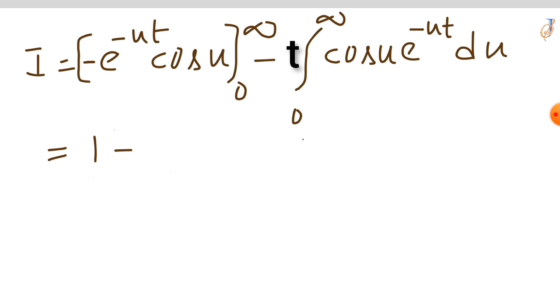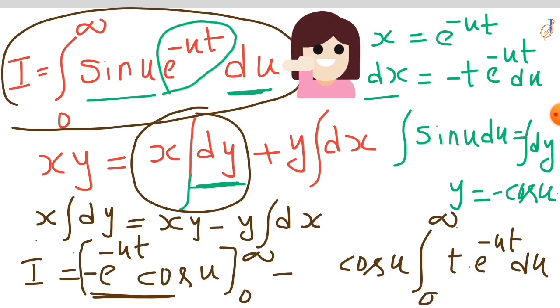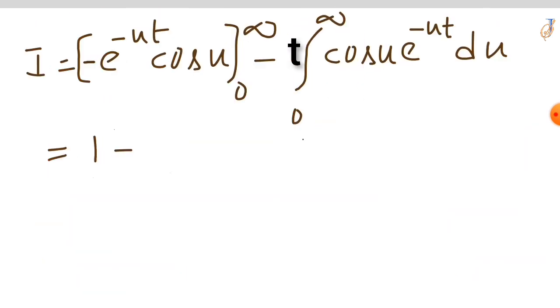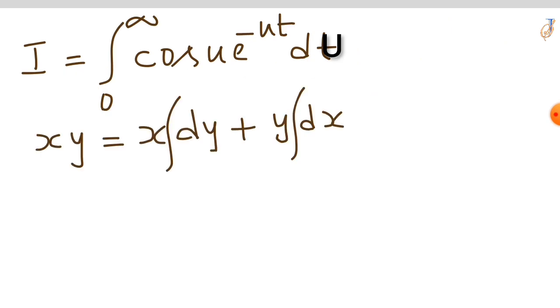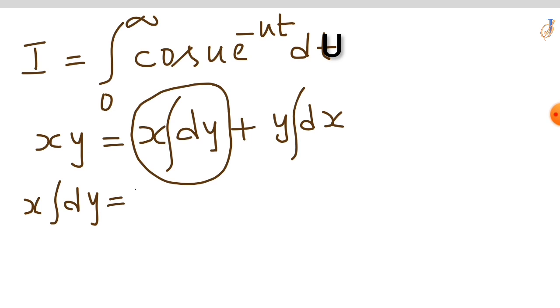So again we are doing the same thing. Here we have 0 to infinity sin u e power minus ut du. Again I am considering this as I. Now this is also in the form of xy. Our given expression is in the form of x times integral dy, isn't it? So you have to write it as x integral dy equals xy minus y times integral dx.